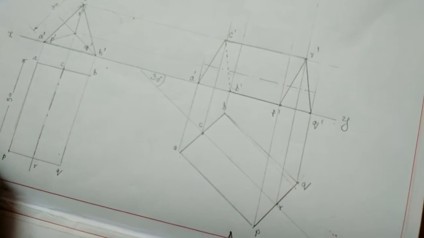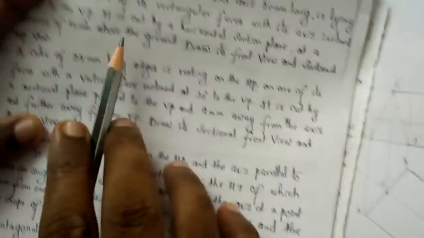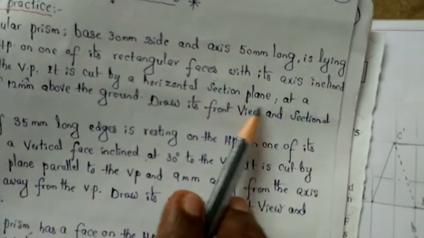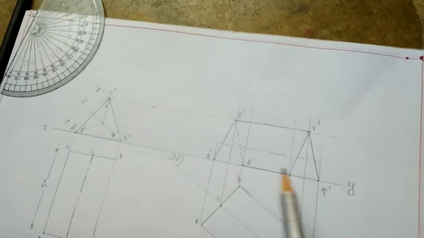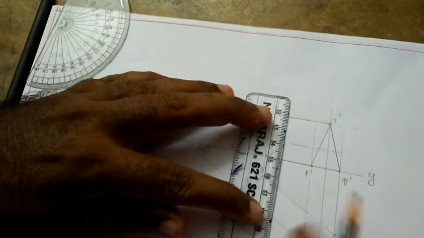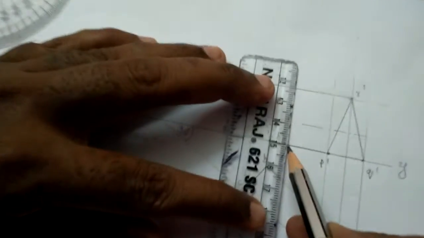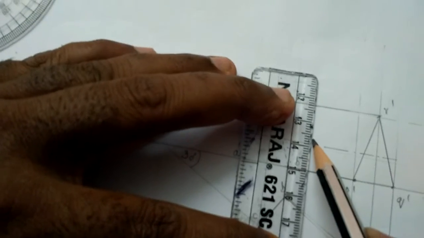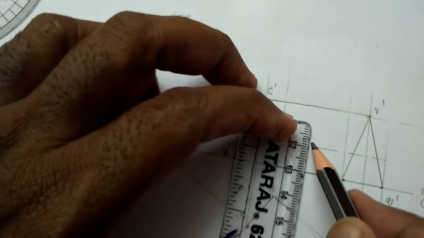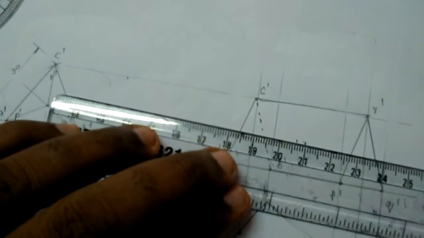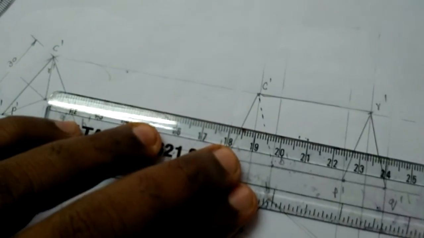Now you want to implement the section. So here it is cut by a horizontal sectional plane at a distance of 12 millimeters above the ground. So this is called ground. From ground, the 12 millimeters. So here this is 1, this is 2. You want to implement the gap of 12.